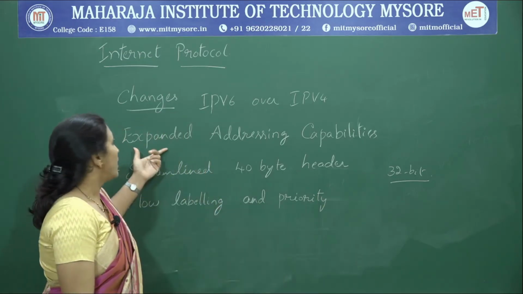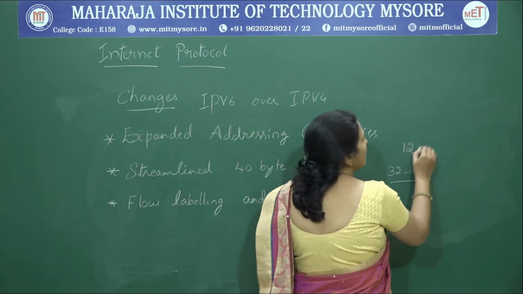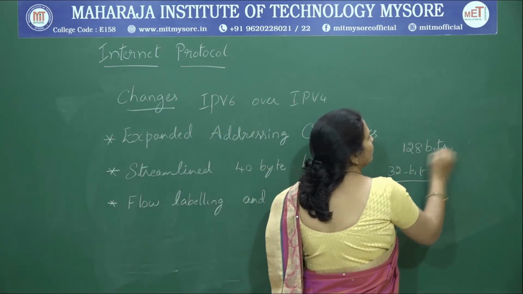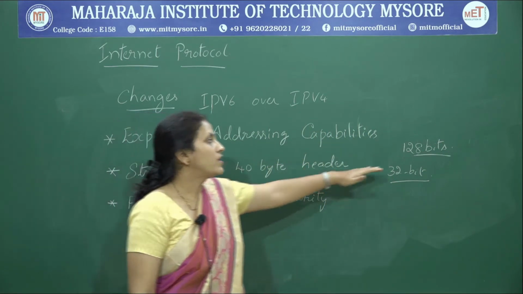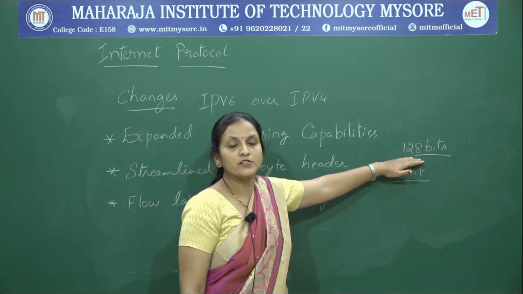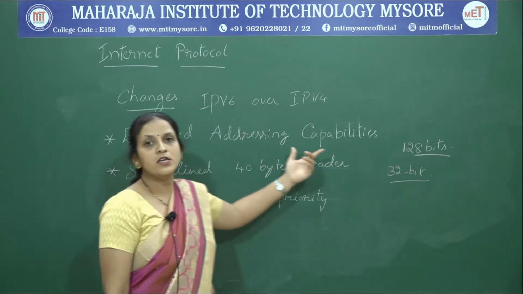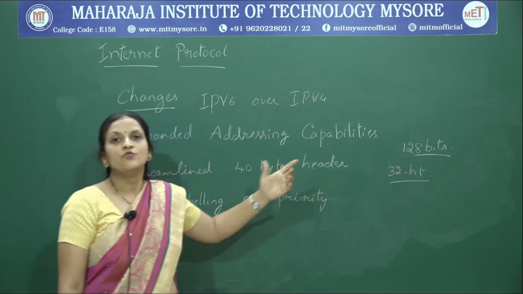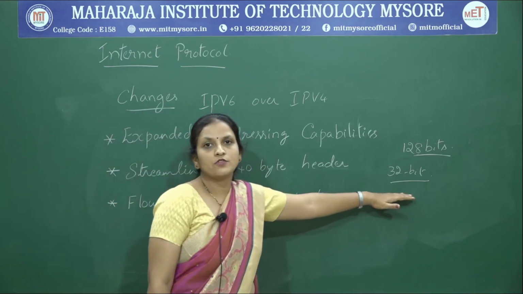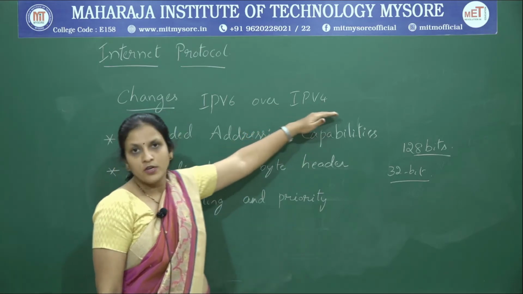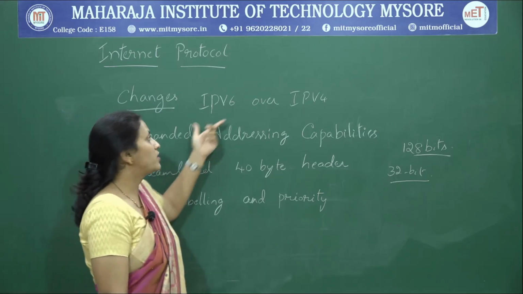So, expanded addressing capabilities were introduced by making 128 bits available for both source and destination address. With these 128 bits allocated exclusively for each address, the addressing capability is increased, which solves the problem we were facing with the 32-bit space provided in the IPv4 datagram. That is the first change introduced in IPv6.